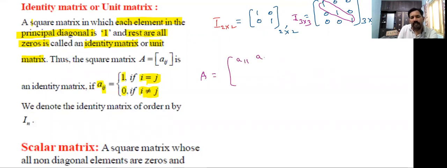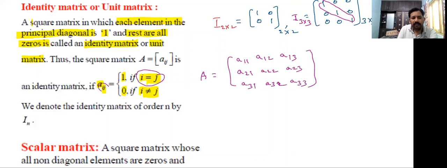A11, A12, A13, A21, A22, A23, A31, A32, A33. Here observe that i is equal to j.